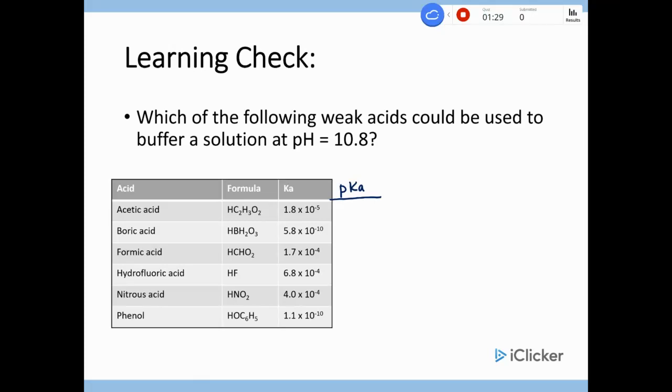So that's the pKa, the pKa is the negative log of the Ka. So negative log of 10 to the negative 5. Now one thing that might help is you're taking the negative log of the Ka to find the pKa.